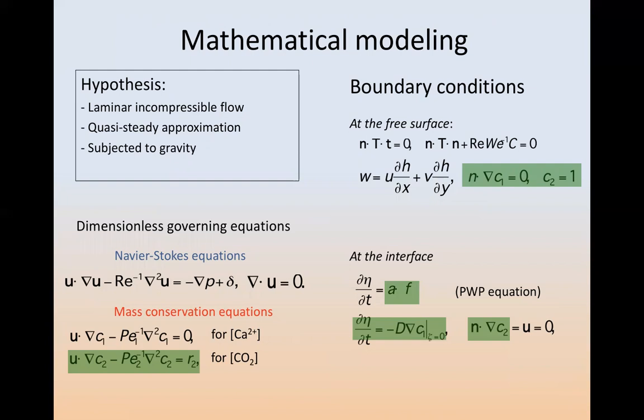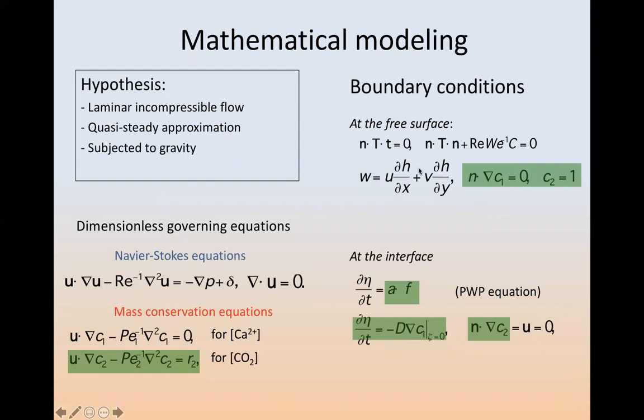Again, we have the same hypotheses, the same equations for the fluid, of course, again the Navier-Stokes equation. Instead of the heat equation, we have a mass conservation equation for the two species, calcium and CO2, but again they are very similar: diffusion-advection equations and the quasi-steady approximation.